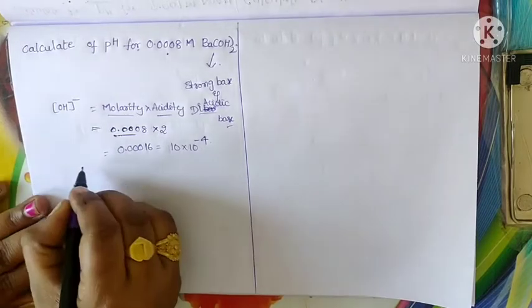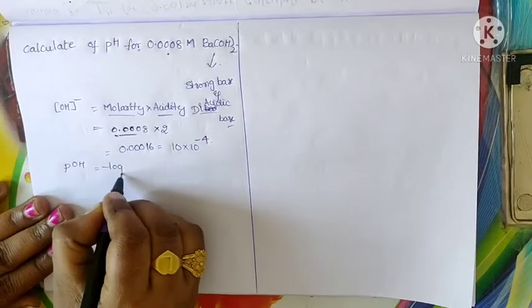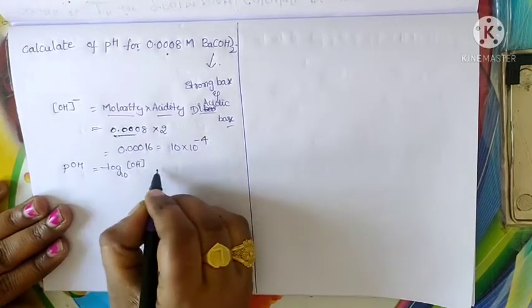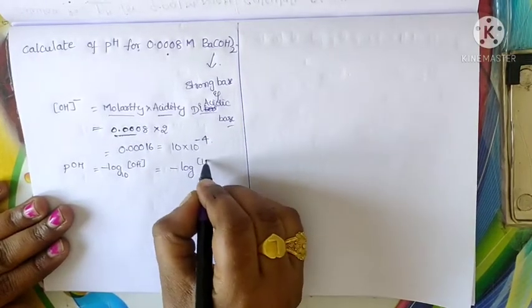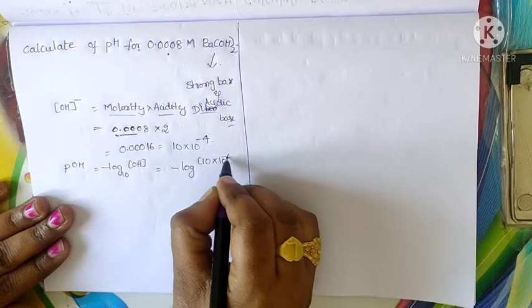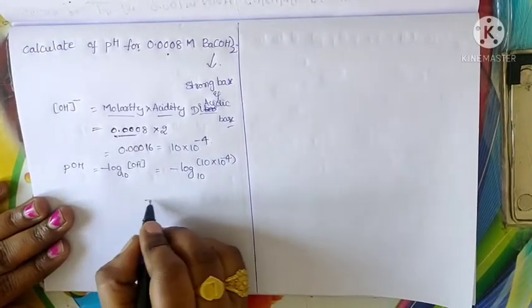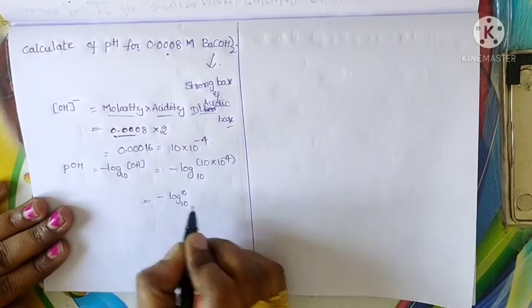Okay, students, 16 into 10 power minus 4. And then we are calculating pOH. The formula is minus log of concentration of OH to the base 10. So in this, concentration of OH is 16 into 10 power minus 4. Sorry, one spelling mistake is there. It is not 10, it is 16.